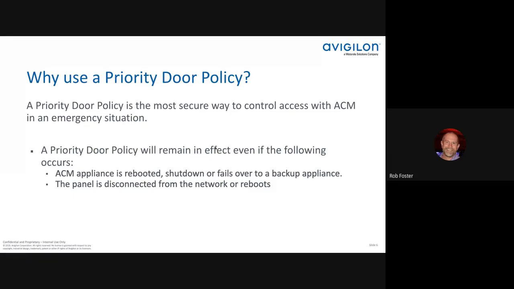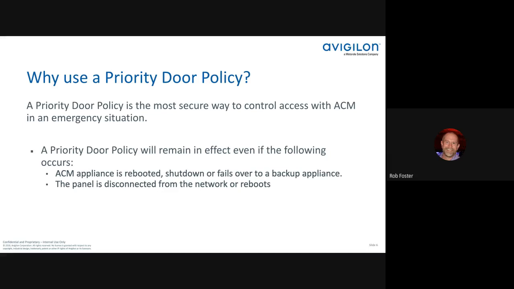So a couple things that are unique about the priority door policy. One of the things, and I saw this with another end user that unfortunately didn't use a priority door policy, is that this end user had a panel reboot during the lockdown. Unfortunately, they used another method, and that method did not survive the reboot.